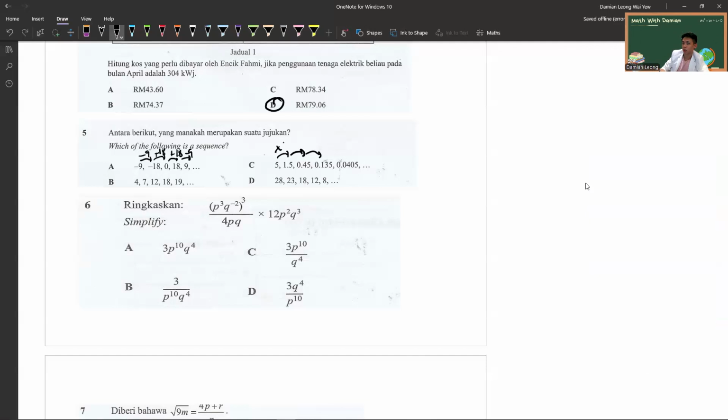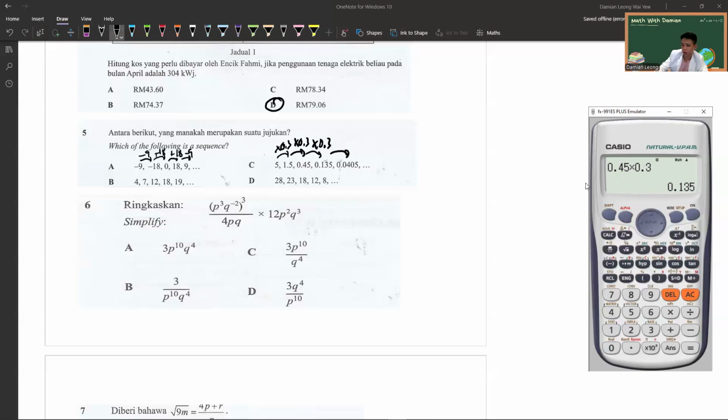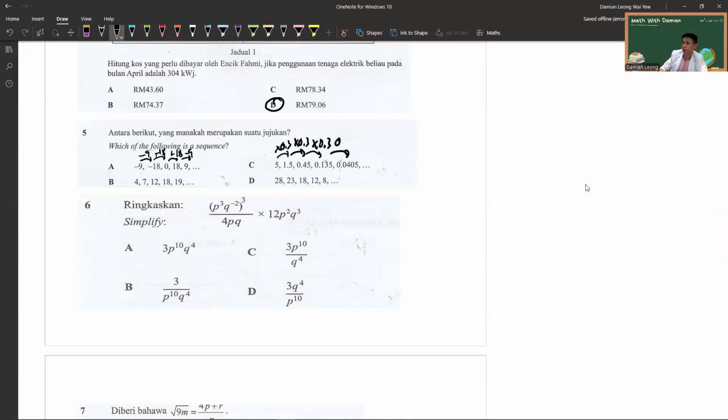Yeah, it actually works. Times 0.3 each time, here to here times another 0.3. It is following the same pattern. So it is a sequence. This should be the correct one.